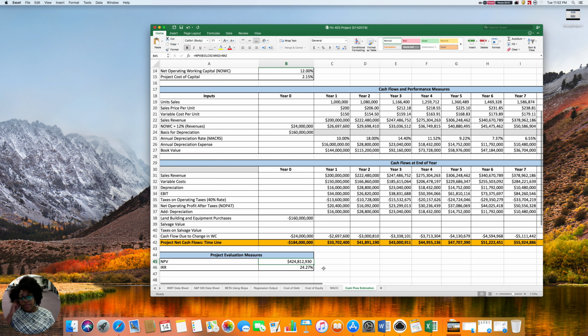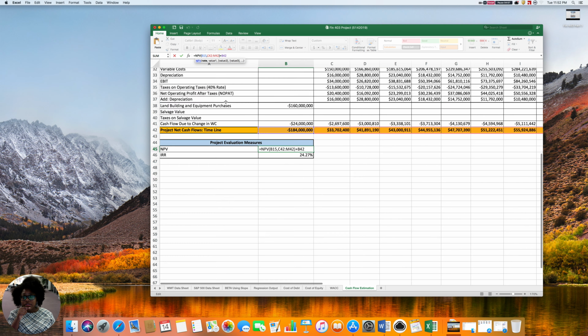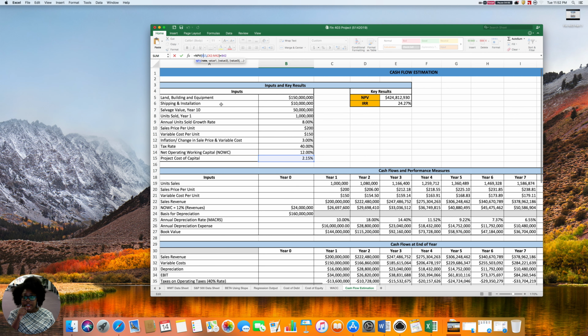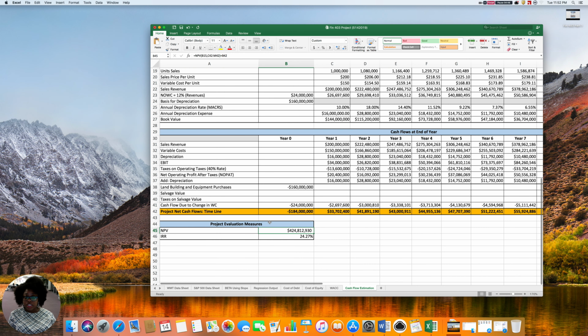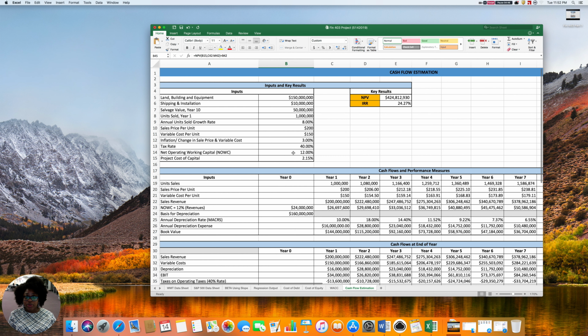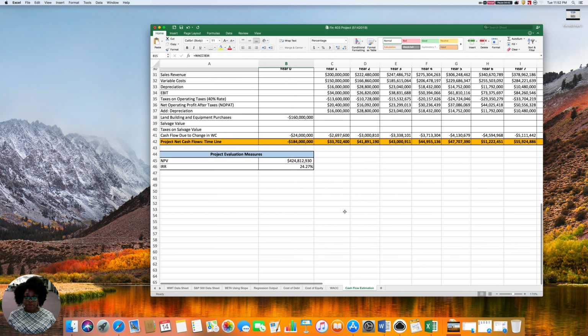Based on the NPV, the rate is going to be the cost of capital, which is at 2.15. That 2.15, which is really small, we got from the weighted cost of capital page. Remember.